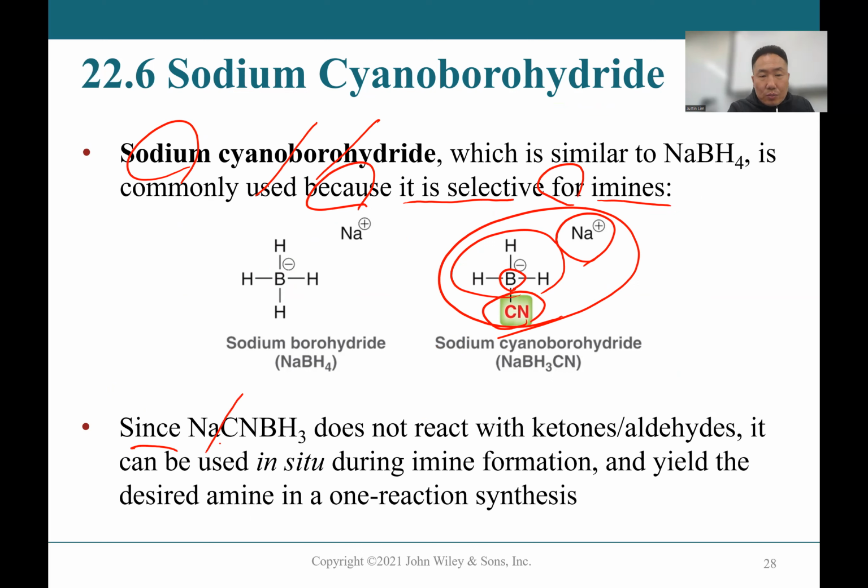Since sodium cyanoborohydride does not react with ketones or aldehydes, it can be used in situ during the imine formation and yield the desired amine in one reaction synthesis.